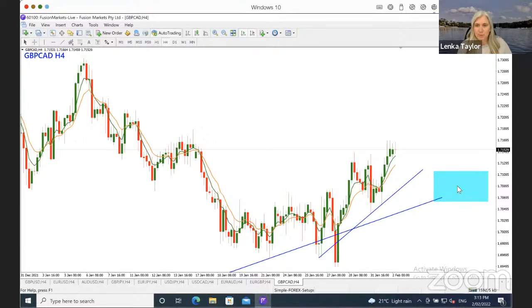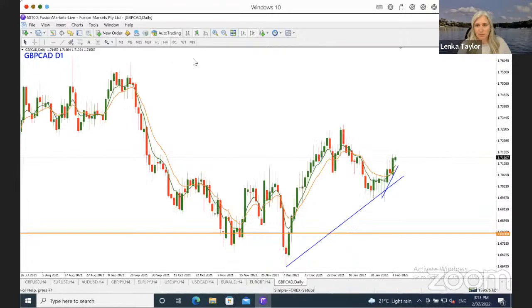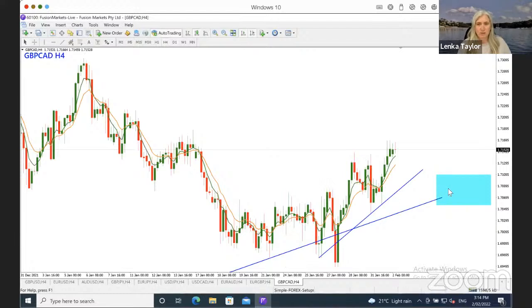The opportunity that I saw and entered was here after this area, but at the moment I'm not entering back. I will wait to see what happens with the price action. If it comes down to the trend lines, then maybe I will look at re-entering. At the moment, that was a missed opportunity in a way, because I did not stay in. But let's see what happens. So nothing to do on this one at this stage.